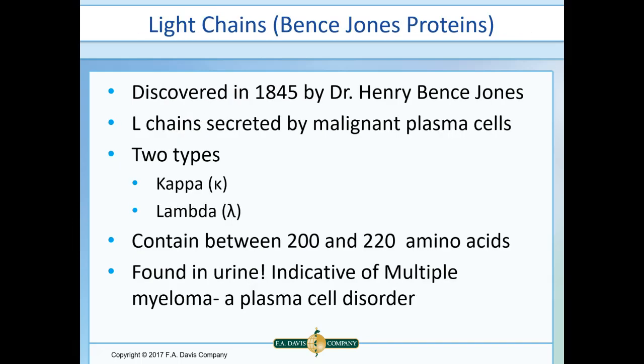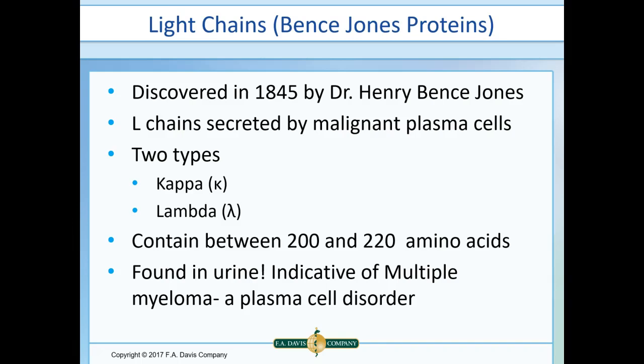Light chains were discovered in 1854 by Henry Bence Jones. Now the clinical significance of this that I want you to know is that they are light chains, and it becomes a kind of a cancerous situation where B cells get a mind of their own and they start spewing out boatloads of abnormal immunoglobulins, and we find something called Bence-Jones protein, especially in their urine.